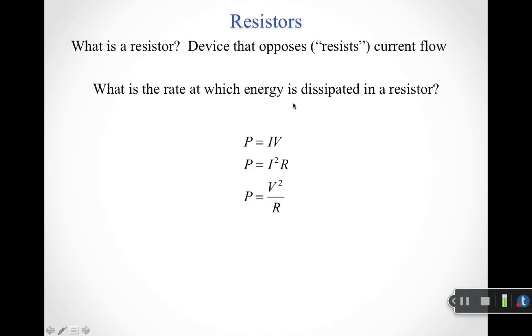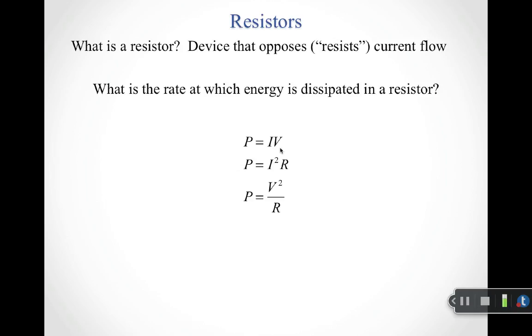So the electrical energy being provided by the battery and by the current is dissipated, turned into some other form, like heat, or in the case of a light bulb, heat and light. The rate at which that energy is being dissipated is given by this equation: the power is equal to the current times the potential across it. This is the current through your resistor, this is the potential across your resistor.